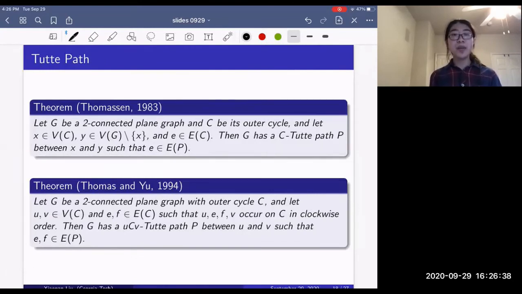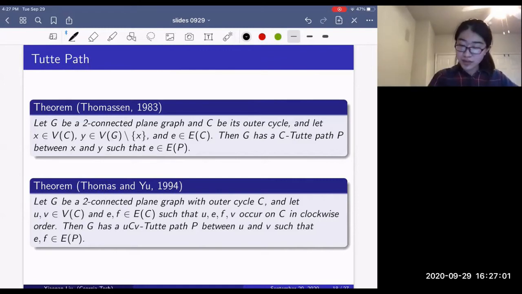To show these two lemmas, we use some theorems about C-third paths. In 1983, Thomassen showed a result about two-connected plane graphs with outer cycle C. First let me give the definition.